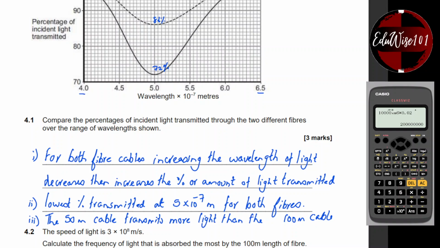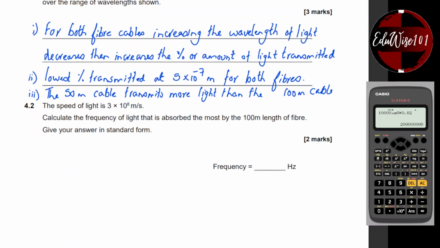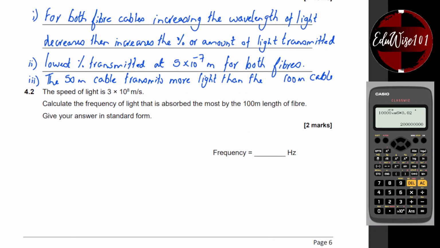Question 4.2. The speed of light is 3 times 10 to the power 8 meters per second. Calculate the frequency of light that is absorbed the most by the 100-meter cable. So calculate the frequency.